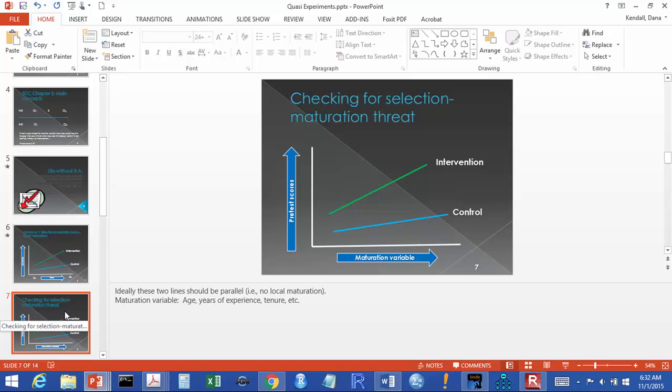So on the x-axis you have the maturation variable that you have decided to collect beforehand because you were smart and wise, and you decided that you were going to rule out this threat if it chose to present itself, and it has, and so you collected age or years of experience from all your participants.